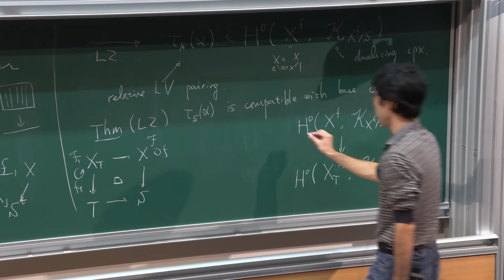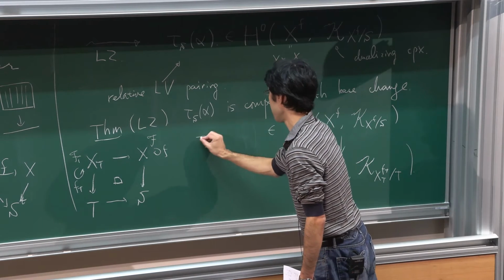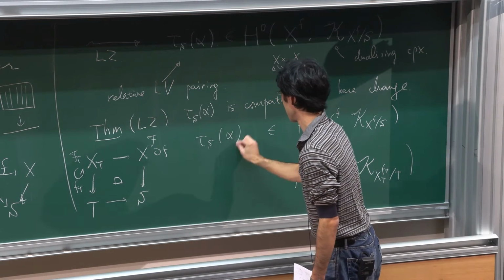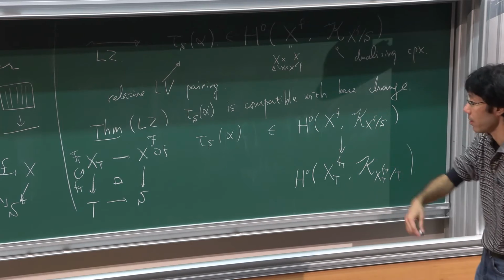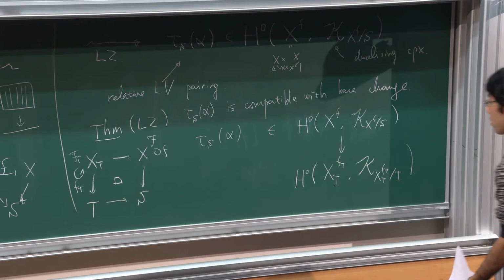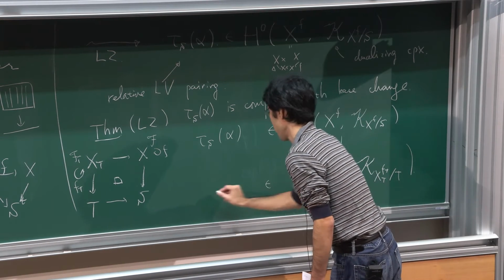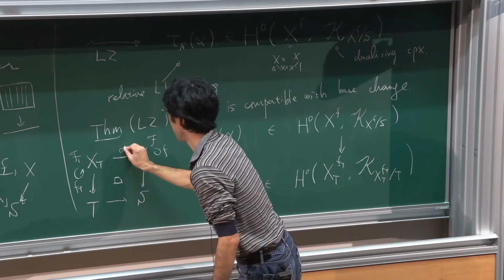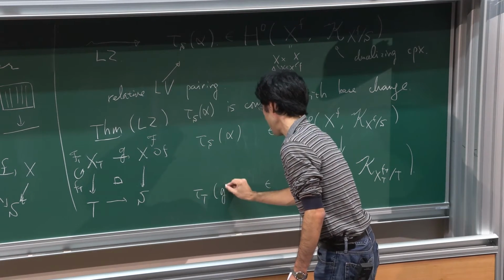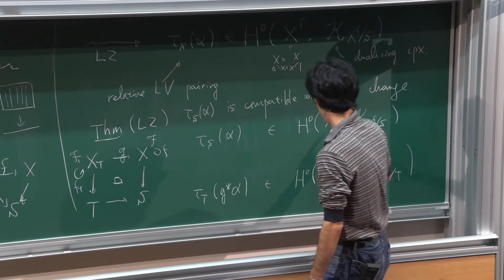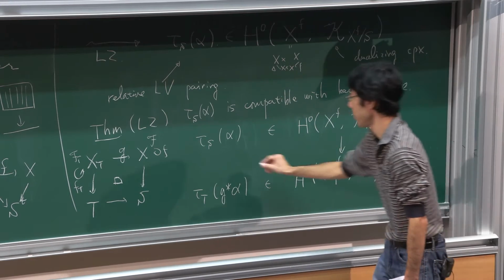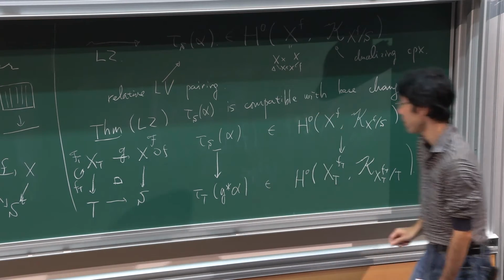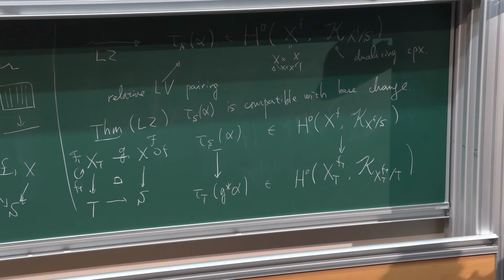And here I have this tau. And alpha can also be base changed. And here's tau T of, I call it g, g upper star of alpha. And via this restriction map, this pairing is sent to this point.